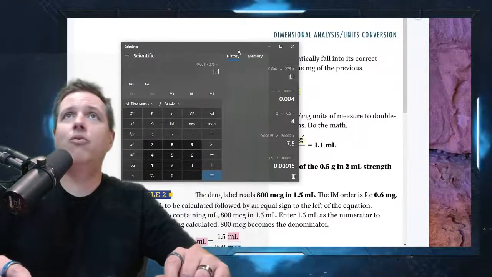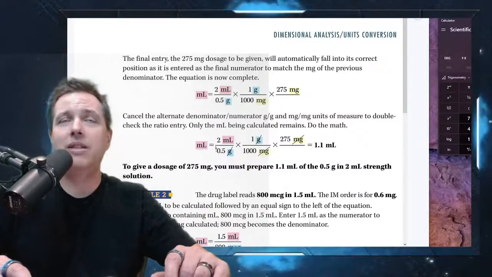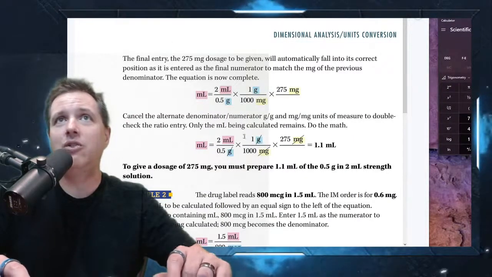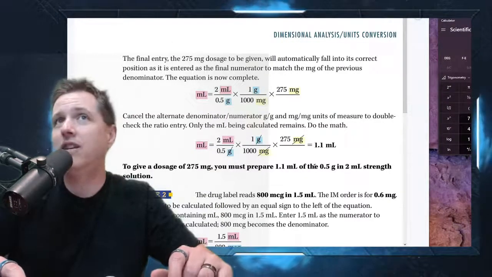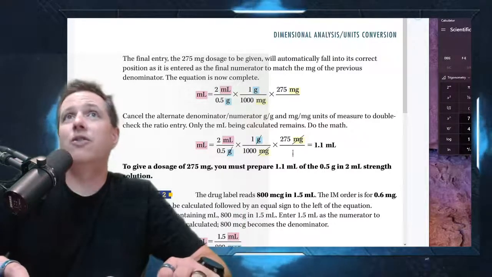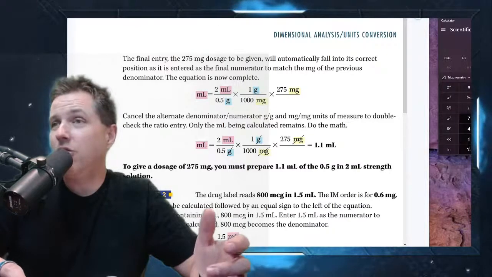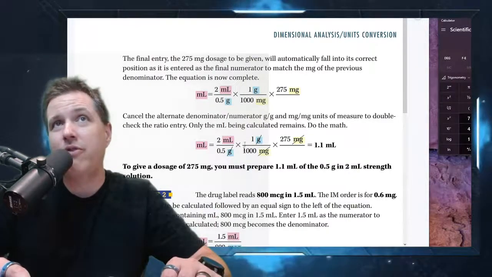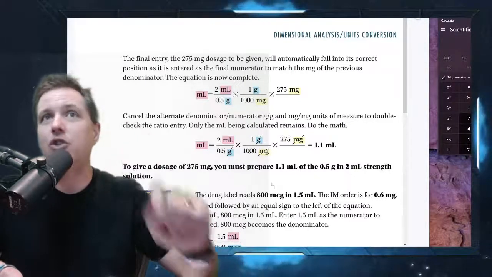So once you get this set up, it's basically telling you how to feed it into your calculator, and then you get your amount, 1.1 milliliters, right? So it's not really any harder than the ones we just did. It's just that you have this extra fraction, which is a metric conversion, right?